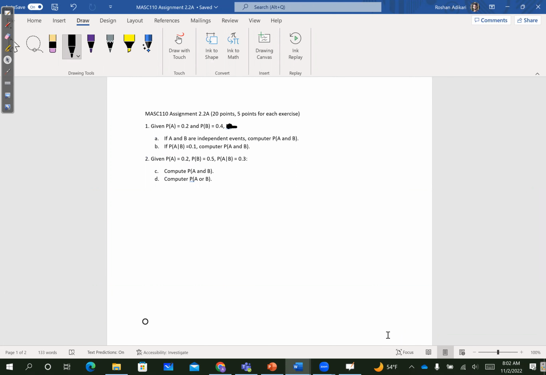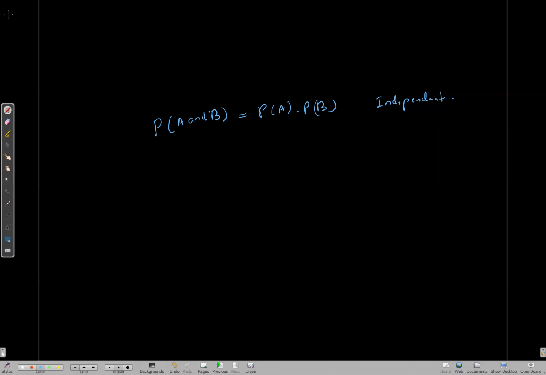Let me see. Yeah, and problem number 2, part D, compute P(A or B). Now that should be pretty straightforward from a Venn diagram.